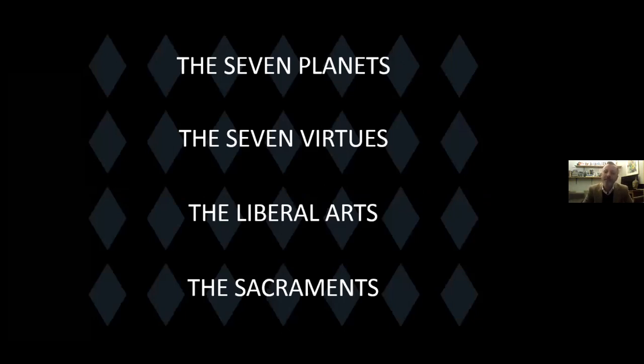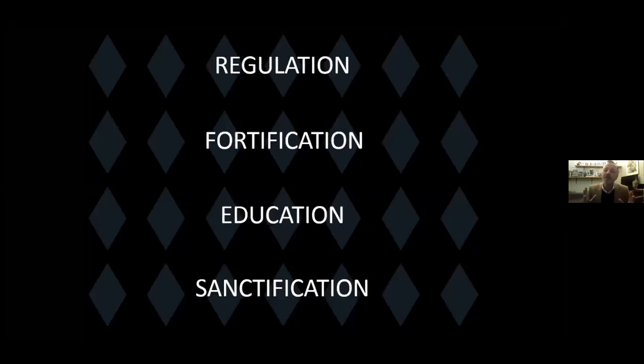And in this case, we are looking at a fusion of pagan mythological ideas as well as religious ideas that together were considered to be the forces controlling human behavior and human activity. In the case of the planets, virtues, liberal arts, and sacraments, these are the tools through which we find the regulation of human existence, in terms of, if you like to read your horoscope in the paper, right?